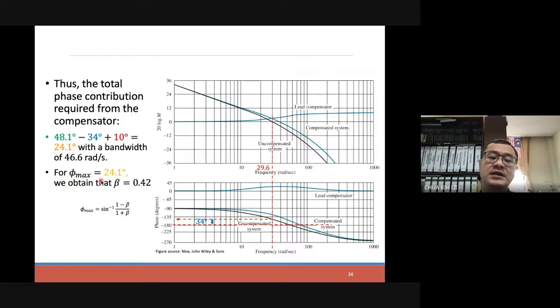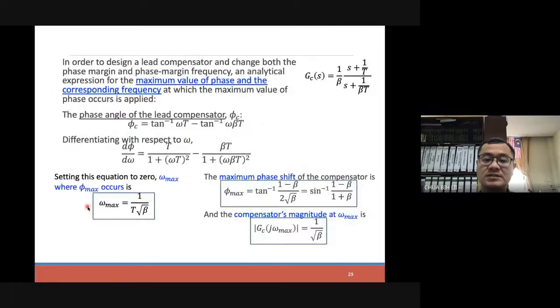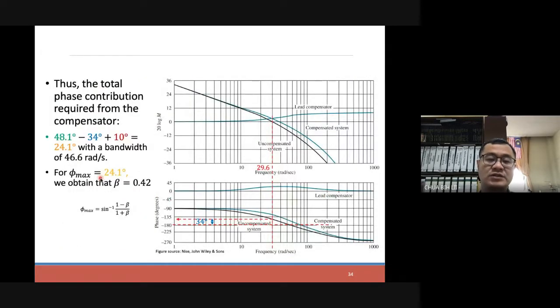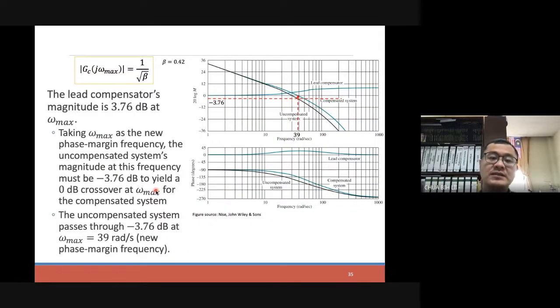So 24.1 is our phi maximum, that you see in the equations in the previous boxes. Phi maximum relates to the beta. Once you get this phi maximum of 24.1, you use that particular equation to calculate the beta. Eventually you get the beta is about 0.42. Once you get the beta, you can calculate this Gc as well.